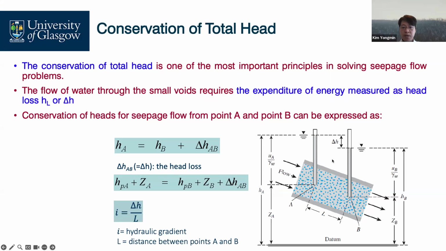These two standpipes are installed at these 2 points, and their physical length is L. This head loss occurred while water flowed from here to here, length L. The ratio of head loss to the water travel length is the hydraulic gradient.